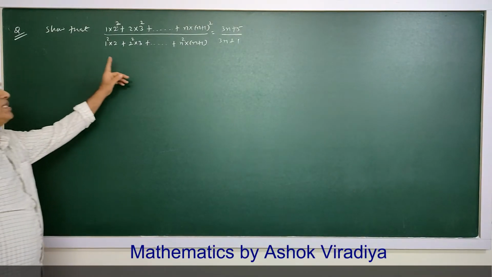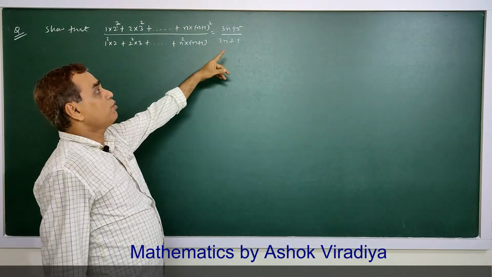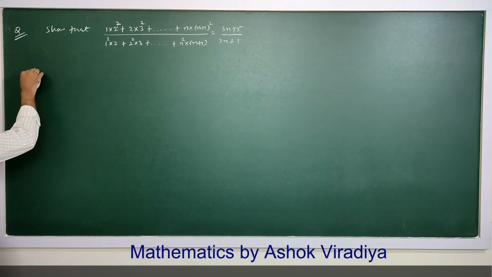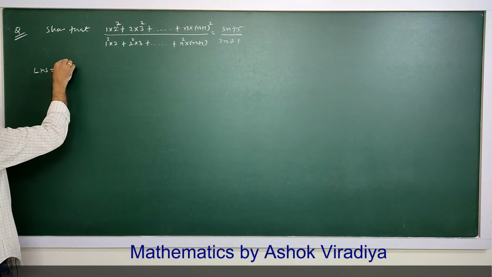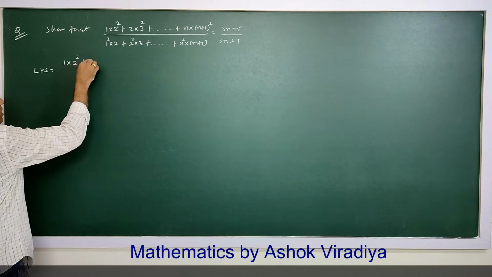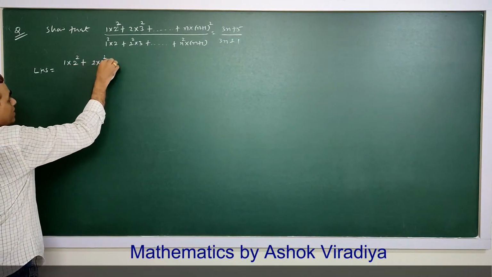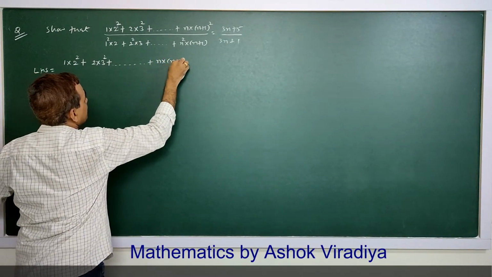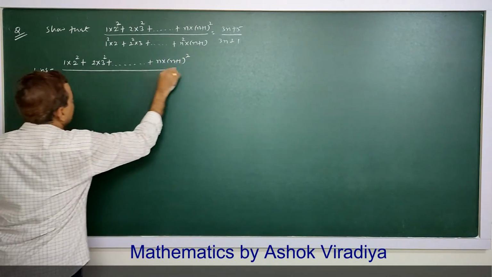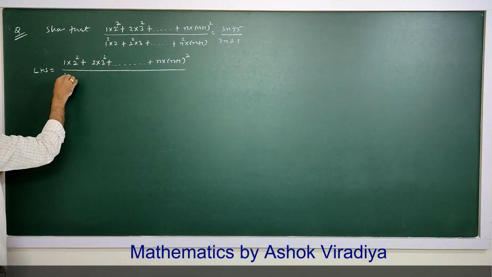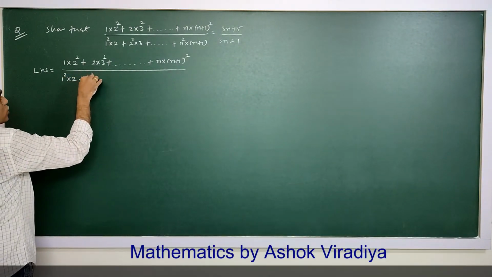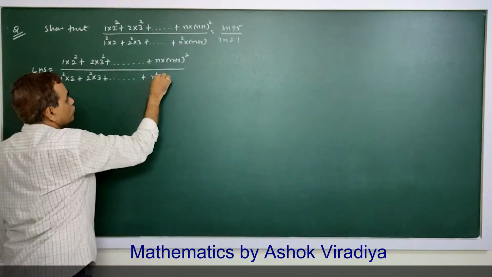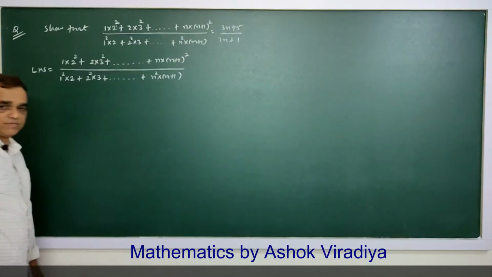Show that this is equal to 3n plus 5 upon 3n plus 1. We begin from the left hand side. The left hand side is 1 into 2 square plus 2 into 3 square plus up to n into n plus 1 whole square, upon 1 square into 2, 2 square into 3, up to n square into n plus 1.